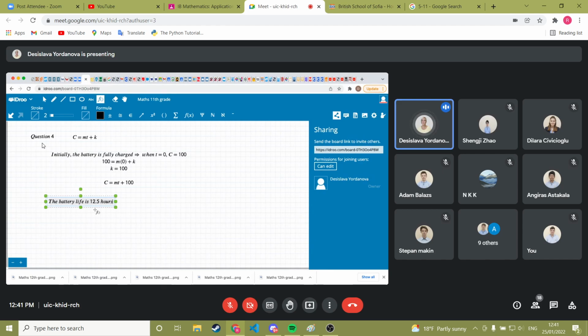What does it mean in terms of our equation? We have to substitute with the t. Explain to me what the whole sentence means. At first, 12.5 is for t. When t equals 12.5, what happens?